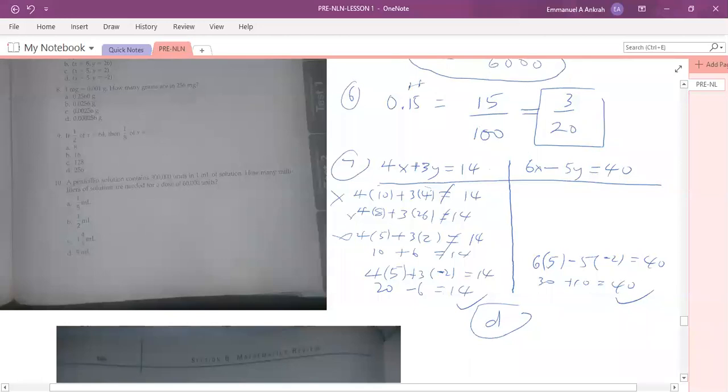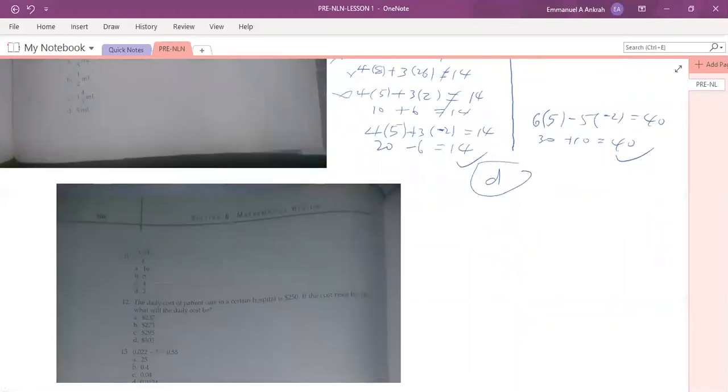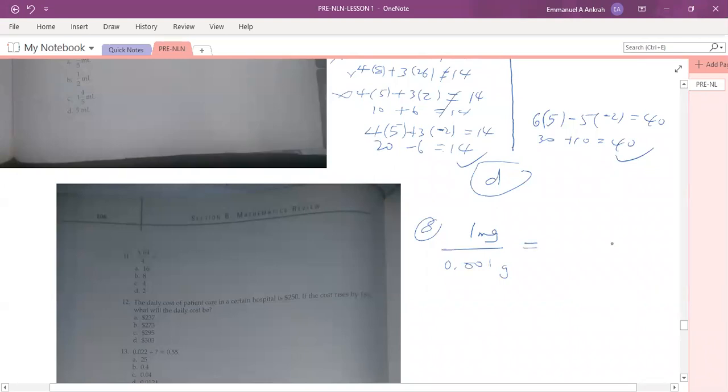But if you can't remember that, you can use proportion. As I said, proportion will work out for so many things. So let's say I can't remember that I have to divide by 1,000. I can still use my proportion. I'm given that 1 milligram is equivalent to 0.001 gram. So I can set up the same ratio: milligrams in the numerator and grams in the denominator.